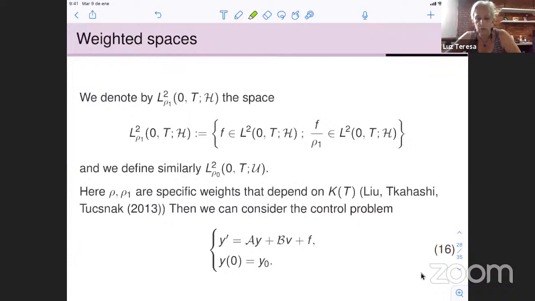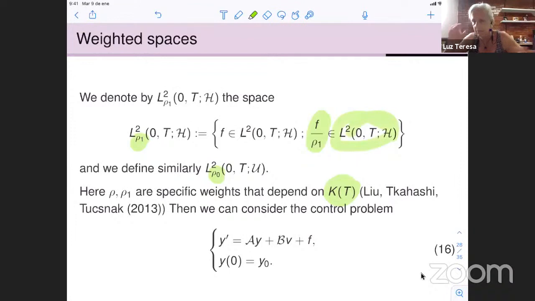Okay, so you're going to construct some weighted Sobolev spaces, okay, with some ρ1 and ρ0 that you have to specifically construct depending on your cost of control. But this is in the paper of Liu, Takahashi, and Tucsnak. And imagine that F divided by ρ1 belongs to this space.